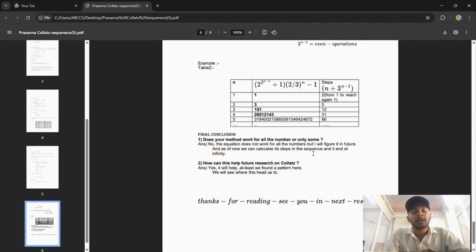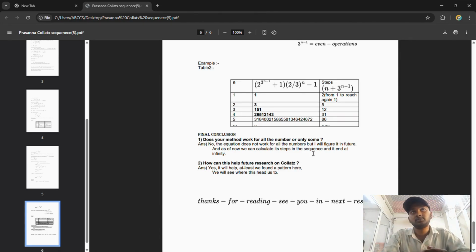My theory is that this is the first step to solve the Collatz conjecture. As far as I know, no one has ever created a formula or predicted such a thing for a particular sequence.